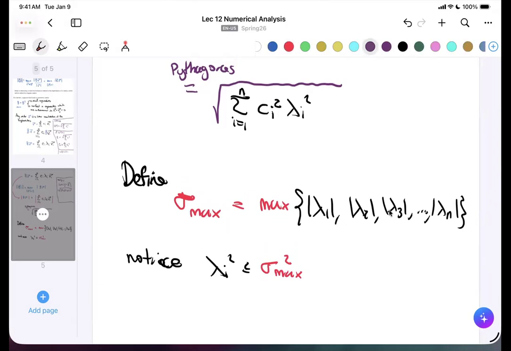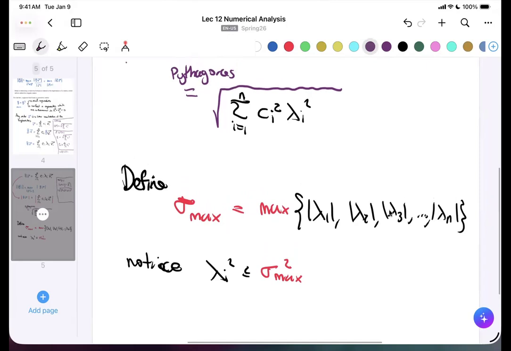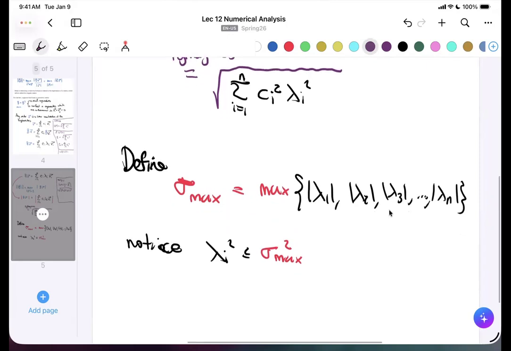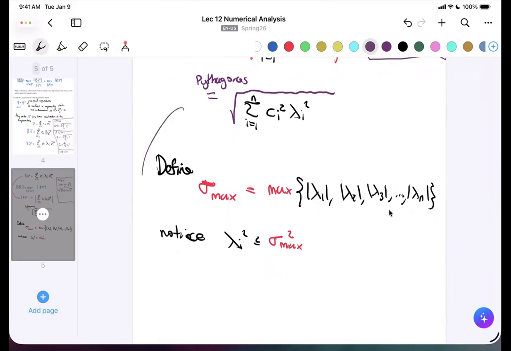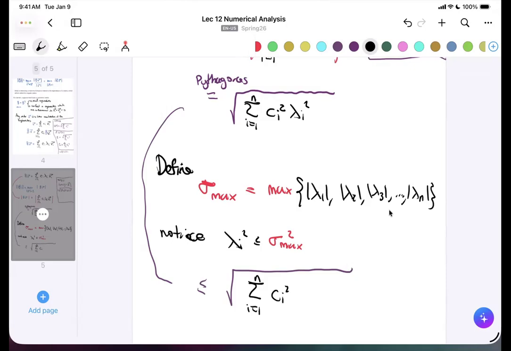So just continuing with Pythagoras. This was a bit of an aside. By the way, this sigma is called a singular value. That's why I'm using this notation, because this is the notation for the singular values of a matrix. I'll tell you more about that in a moment. But if you continue here, this is less than or equal to the sum from i equals 1 to n of ci squared times sigma max squared.